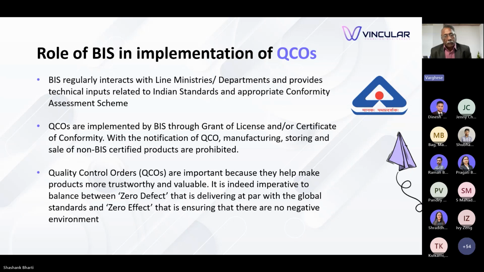Number one, you are manufacturing a product covered by the order that is not complying with the standard, but you still continue to sell these products in India. It's definitely a violation of the requirement, a violation of the Act.